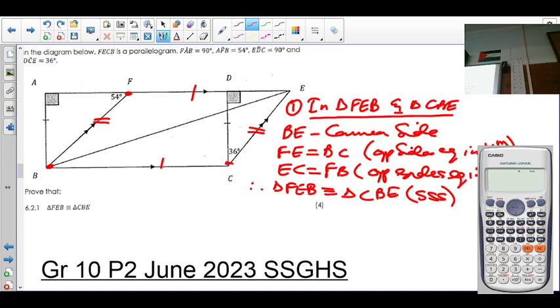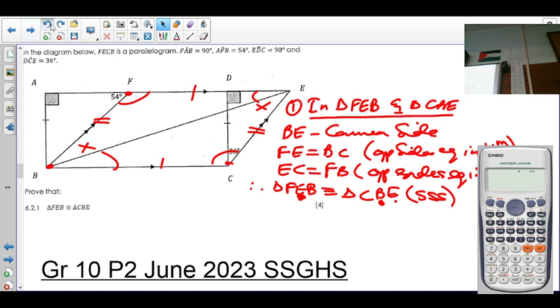Okay. So now that means that the corresponding angles are also equal. Angle F of this triangle is equal to angle C of that triangle. Angle E of this triangle is equal to angle B of this triangle. And angle B of this triangle is equal to angle E of that triangle. Remember, when the triangles are congruent, all the corresponding angles are also equal.